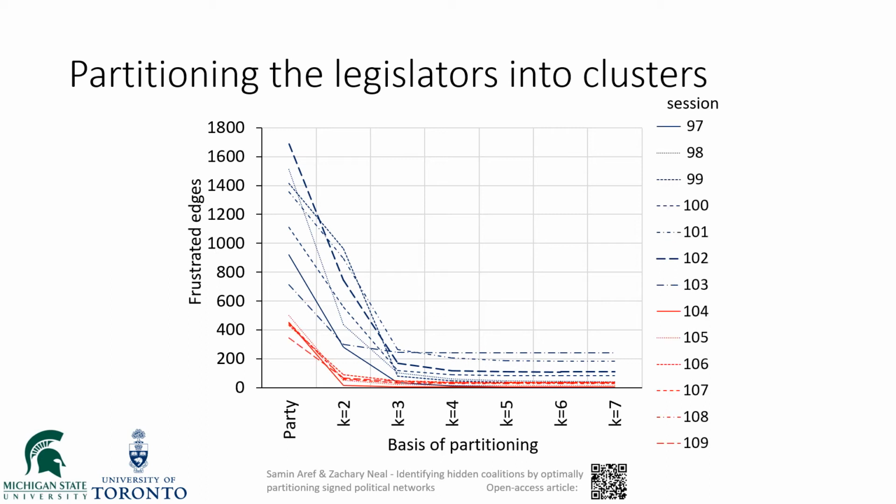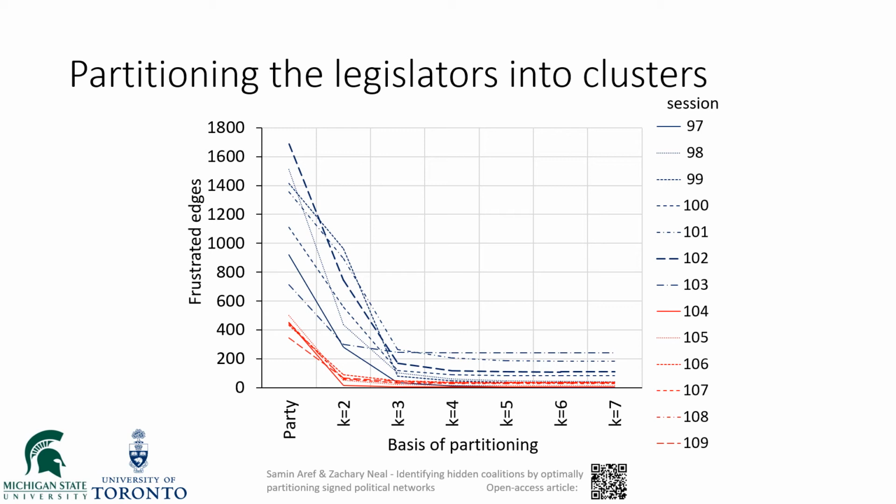Now we see the more recent sessions, 104 to 109, in red. As you can see, the red lines are below the blue lines, and this is because of the increase in partisanship and polarization over time. In more recent sessions, there are fewer inconsistencies to the idea that Democrats only work with Democrats and Republicans only work with Republicans.